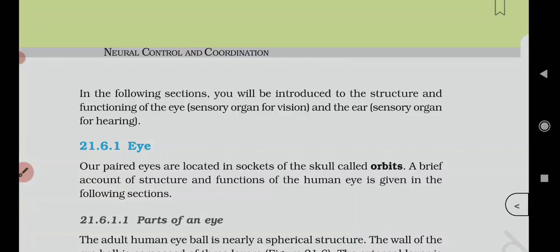Now let's come to the important point where we make mistakes, that is the inner layer is the retina. The inner layer is the retina. What is retina? Retina is the visible colored portion of the eye. Sorry, what is retina? That was the iris, right?